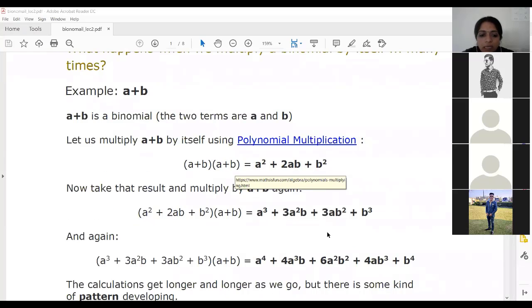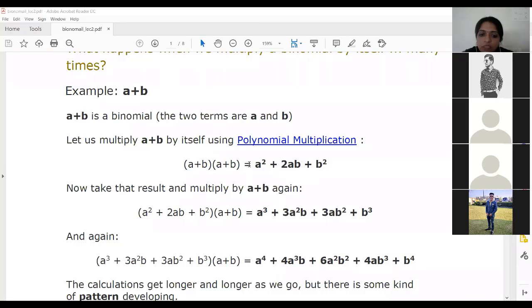Now, what about a plus b into a plus b into a plus b? If we multiply three times, then we get a plus b the whole cube. So a plus b the whole cube means a plus b into a plus b whole square.